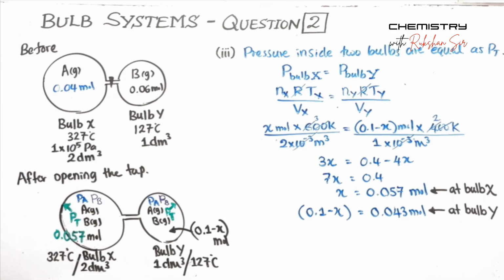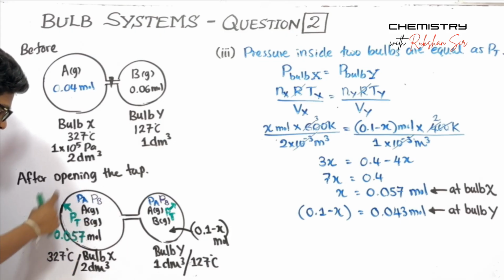As we know the total number of moles, can't we apply P equals nRT to the total system? Then volume is known, temperature is known, moles is known.